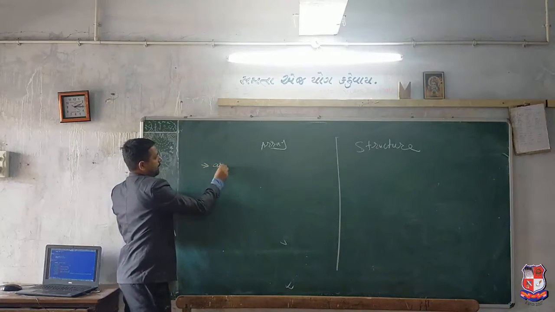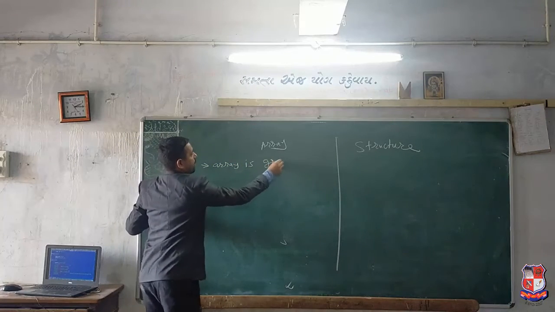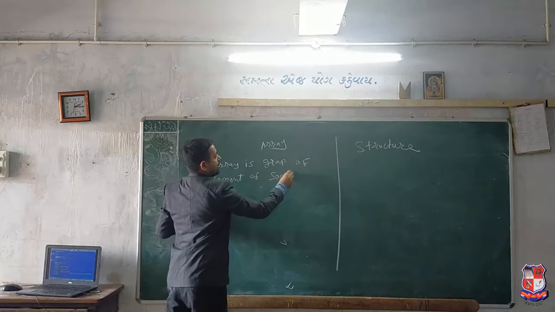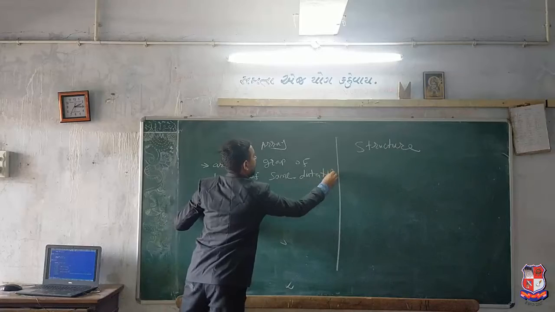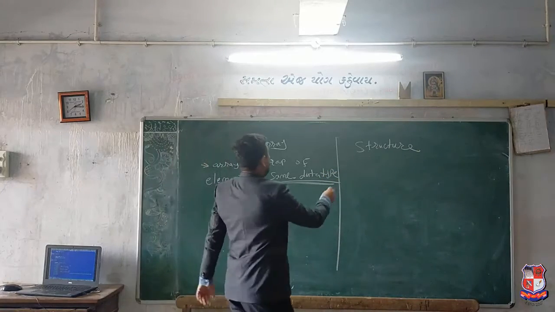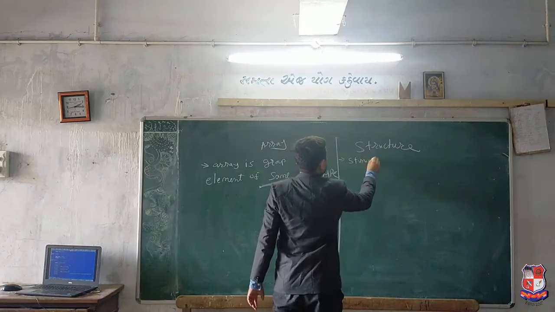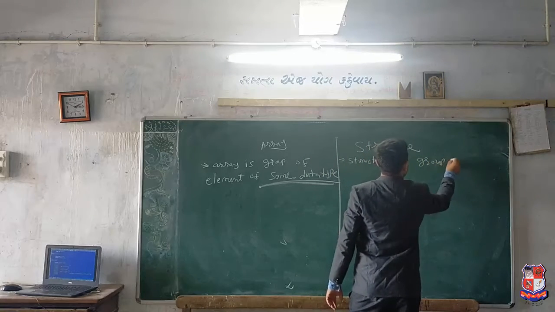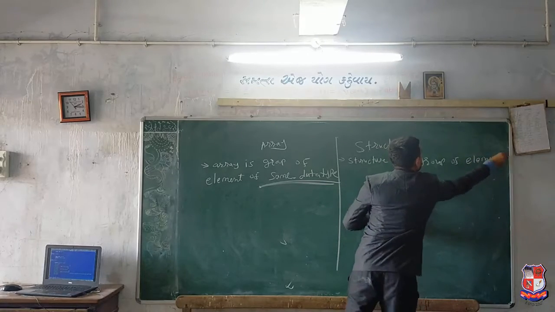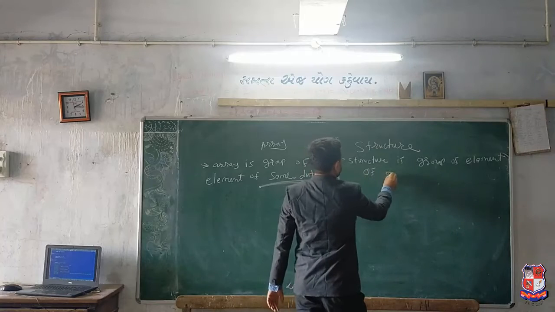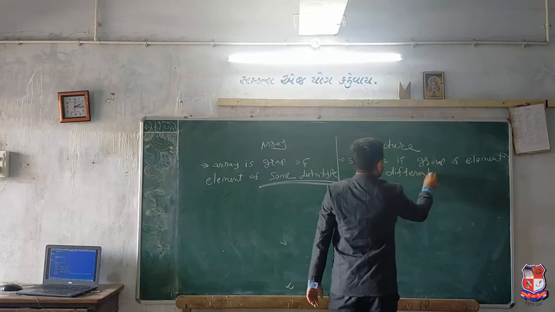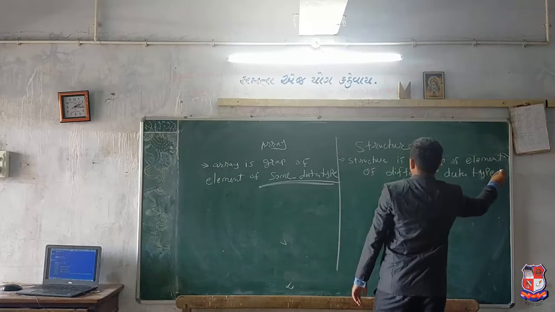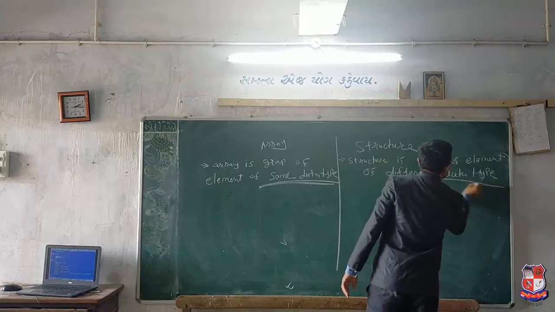First, array is a group of elements of the same data type, and structure is a group of elements of different data types. That is the major thing.